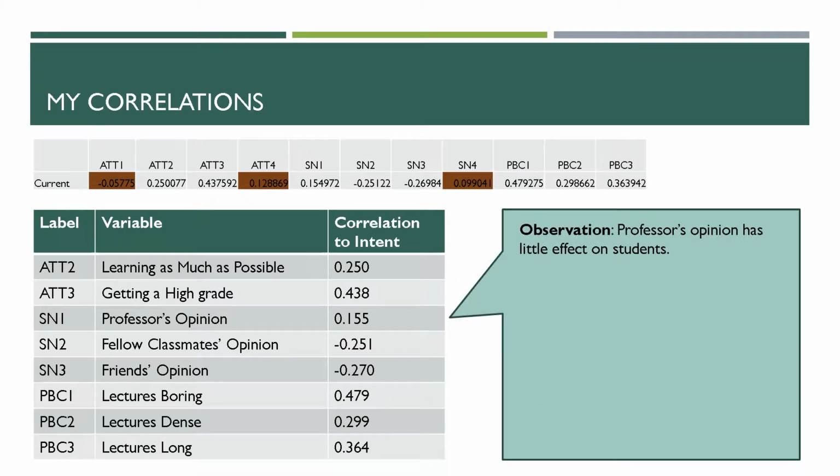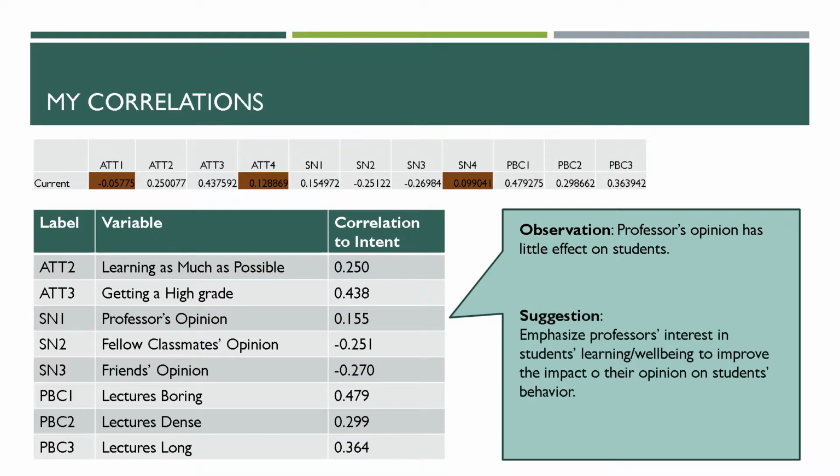Right. Subjective norm 1, professor's opinion, has little effect on students. The suggestion is to emphasize professors' interest in student learning and well-being to improve the impact of the professor's opinion on students' behavior, right? So that's what we could do. We could let students know that the professors want you to watch these lectures and that your professor is very invested in you. Your professor wants to see you do well, and I do, right?